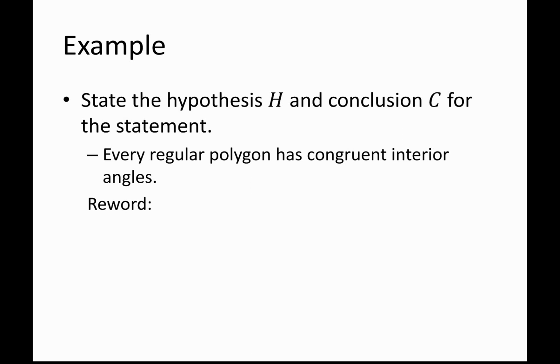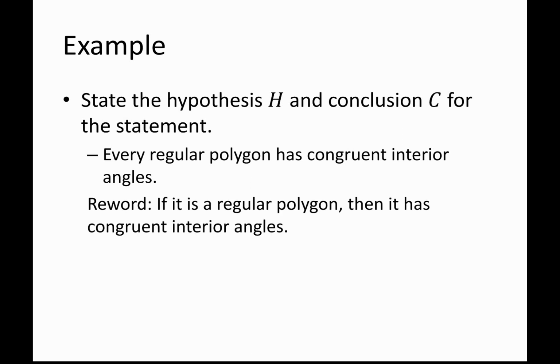So reword it as an if-then. I would say "every regular polygon has congruent interior angles" can be rewritten in standard if-then form as: if it is a regular polygon, then it has congruent interior angles. You see how I made that minor adjustment, and it made it really easy to identify the hypothesis, aka antecedent, and the conclusion, aka consequent.